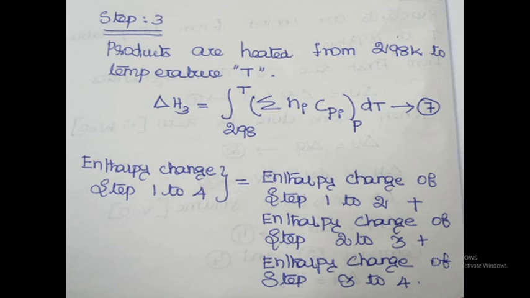So here the required standard enthalpy change at temperature T is obtained by adding the preceding three equations. The enthalpy change of step 1 to 4 is equal to the enthalpy change of step 1 to 2 plus the enthalpy change of step 2 to 3 plus the enthalpy change of step 3 to 4.